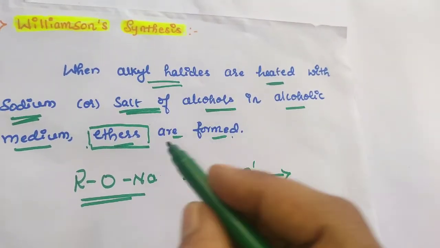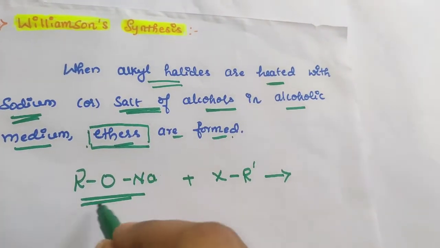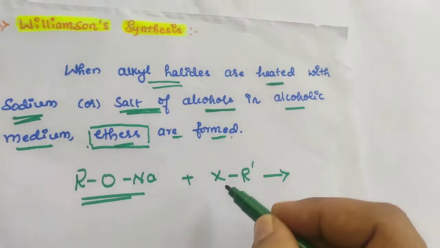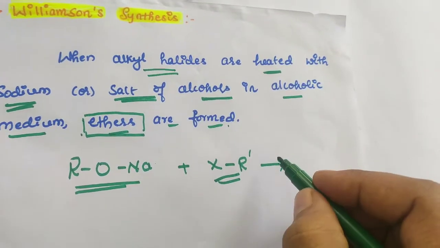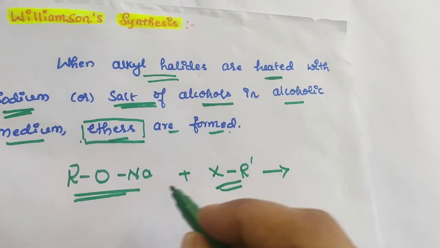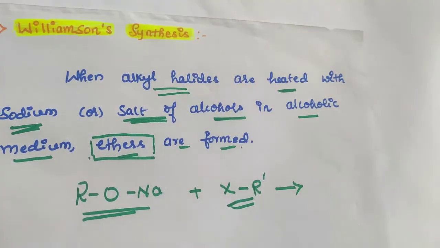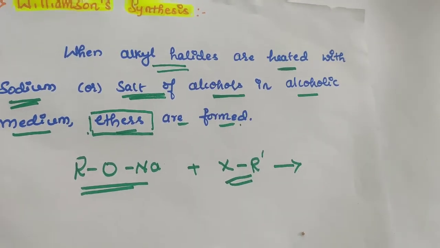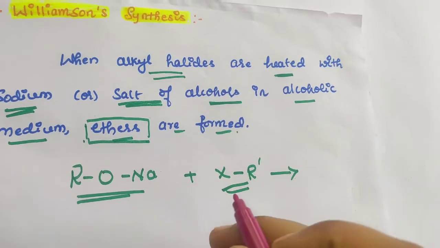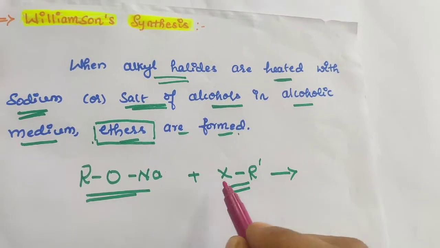So this alcoholic solution of sodium must be treated with the alkyl halide. What is the product we will get here? Now you should understand that RONa must be treated with R dash X.